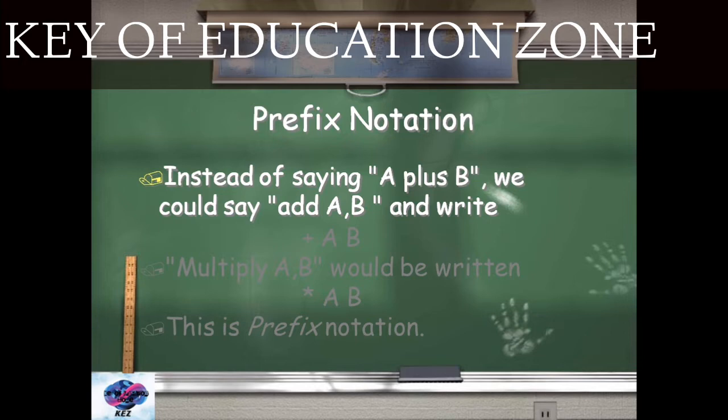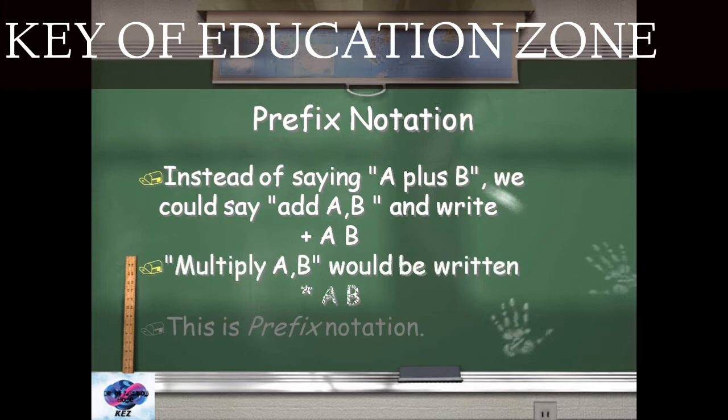Now prefix. Suppose instead of telling a plus b, we can say add a b. So what we have to write? Plus a b. If I am telling in case of multiplication, multiply a b. So here the operator is just before the operands.